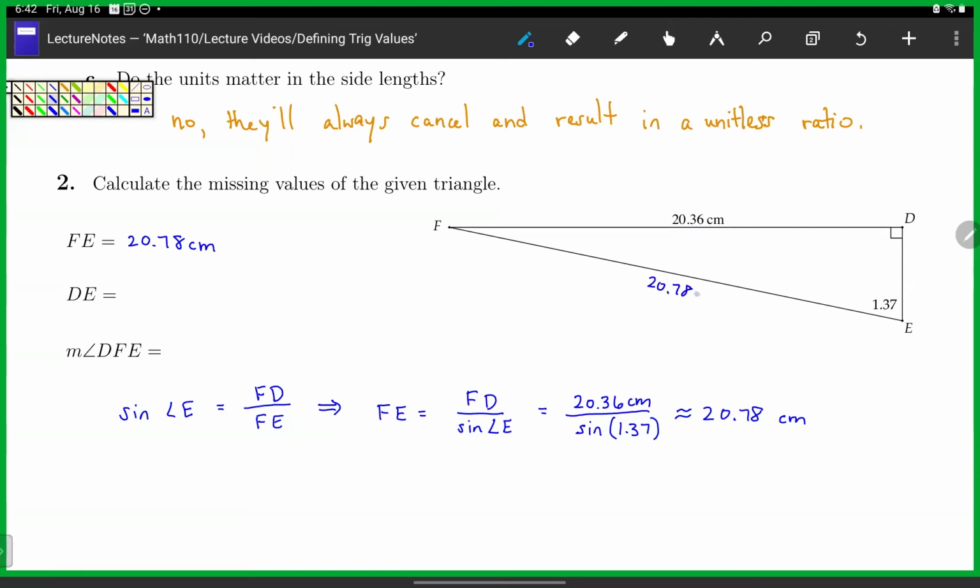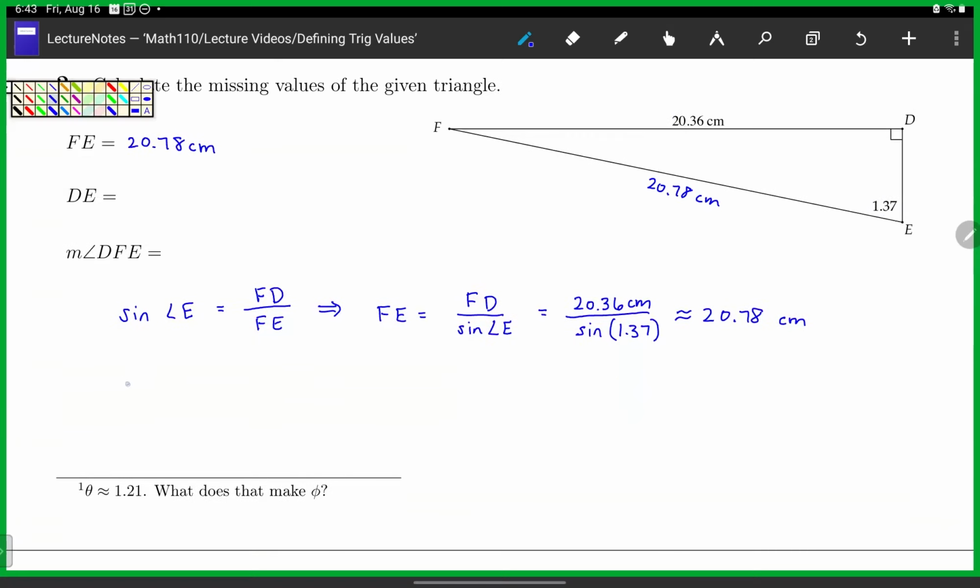20.78 centimeters, I could use the Pythagorean theorem to find DE, or I could do another trig function. Like the tangent of angle E would be FD divided by DE. So I'm going to do that.